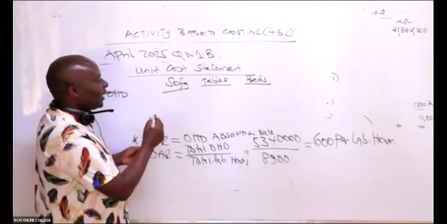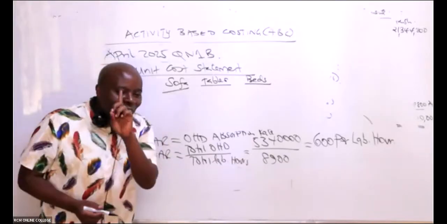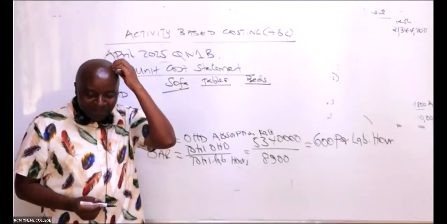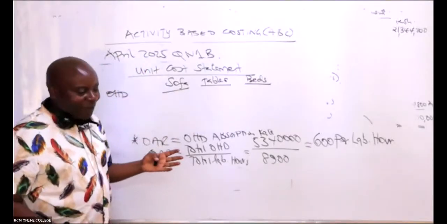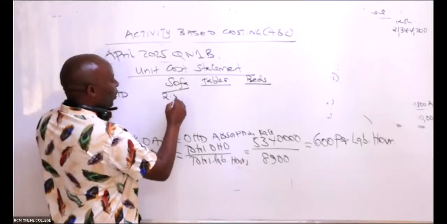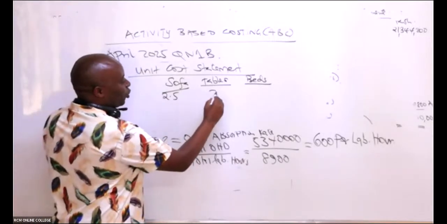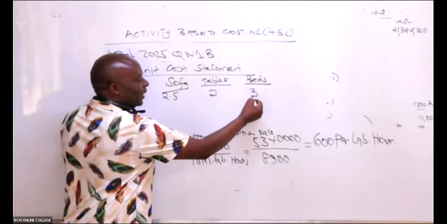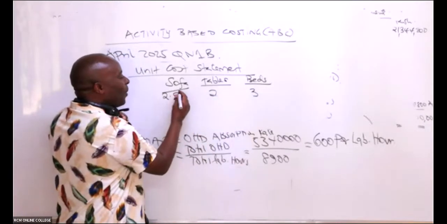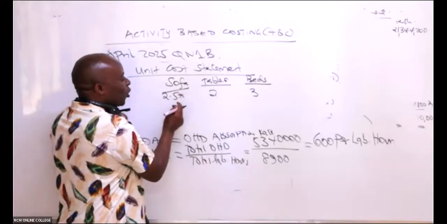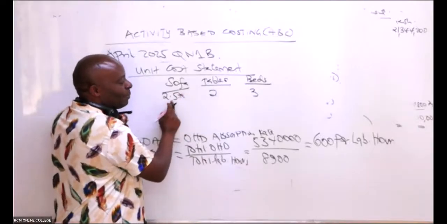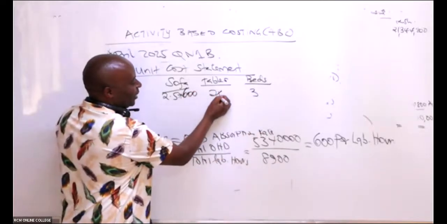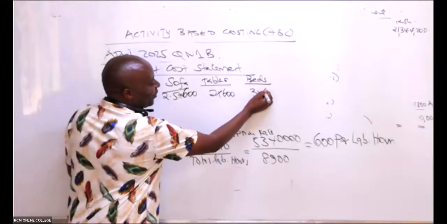How many hours do you need to make one sofa? It's given there, 2.5. Tables, 2 hours. And beds, 3 hours. The overhead cost per hour is 600.